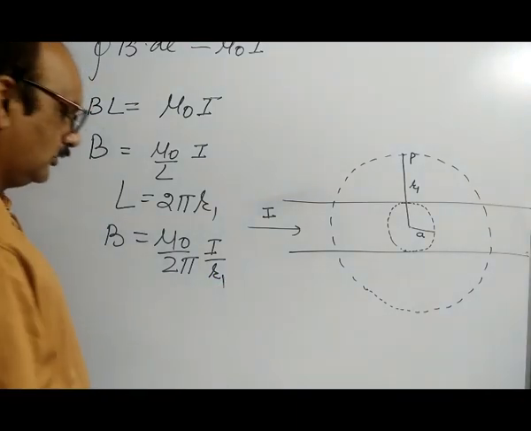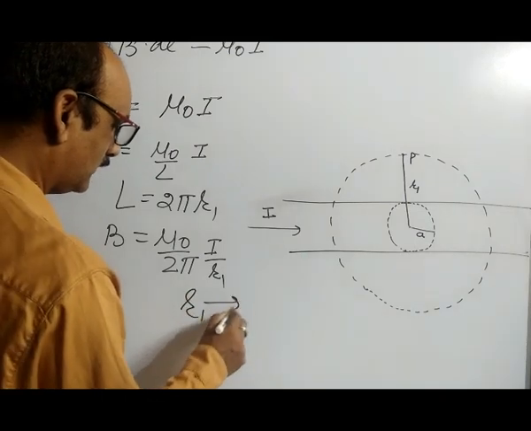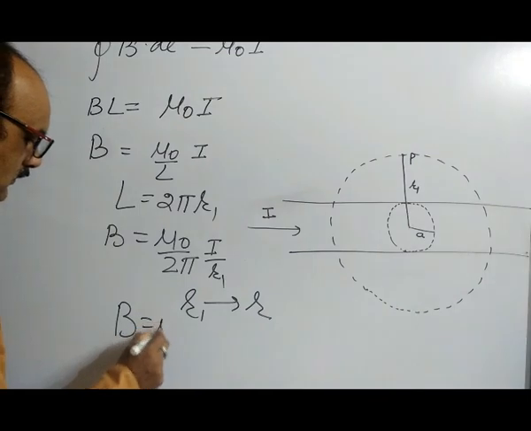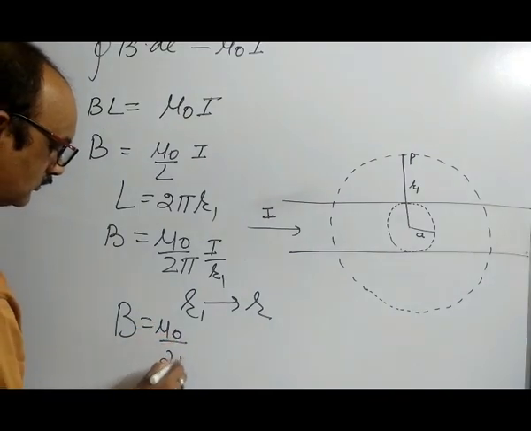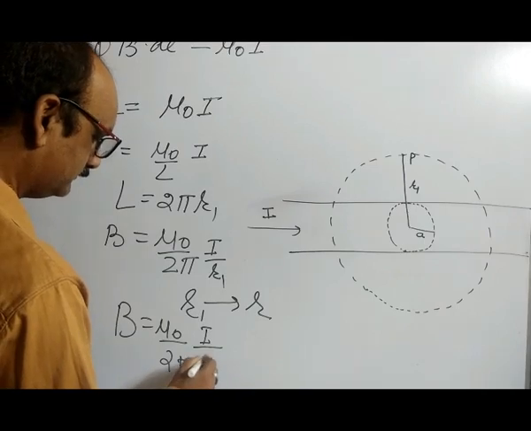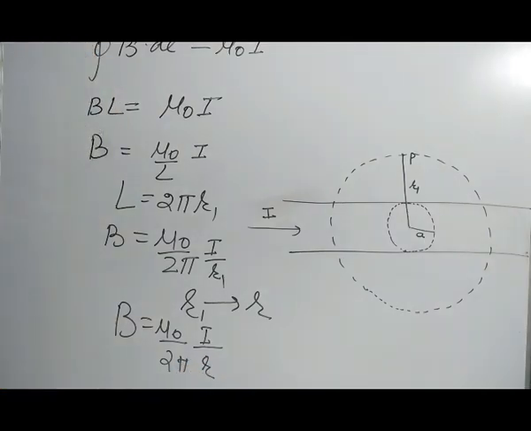If you are taking r1 as r, then B equal to mu naught upon 2 pi, I by r.